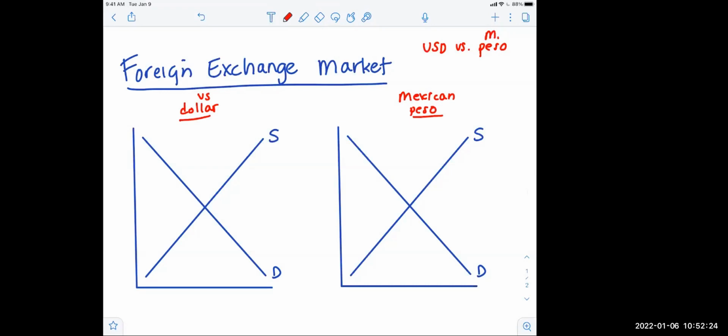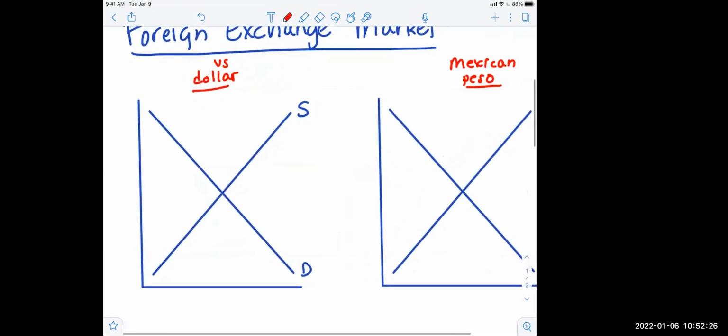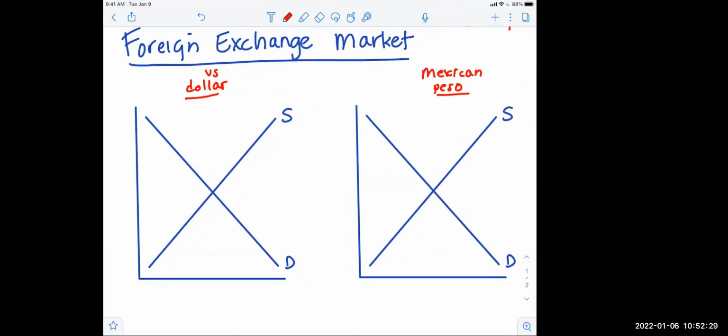Okay, so if this graph on the left is for the US dollar, we're going to show the supply of US dollars. And I sometimes just abbreviate the currency. You certainly could use the dollar sign here if you know the symbol of the currency. But as long as you're using a label that is universally understood or easy to understand because it makes sense with the question.